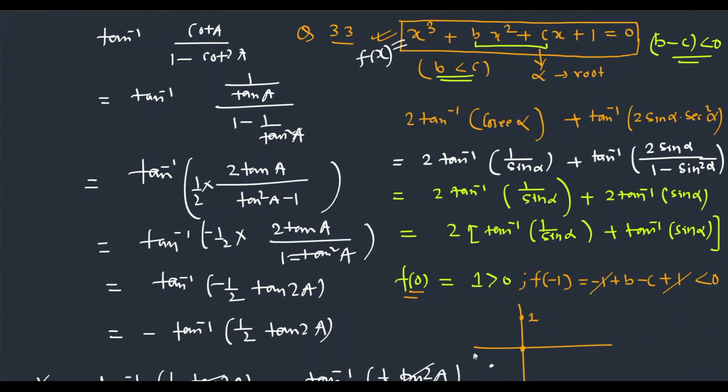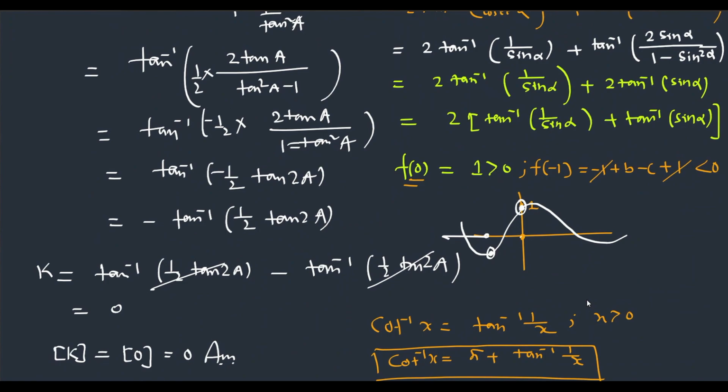Now suppose our polynomial is moving like this. At minus 1 we have this negative value, at 0 we have a positive value. So if you have one negative value and one positive value, then you can say that your curve at least one time cuts the x-axis at some point.